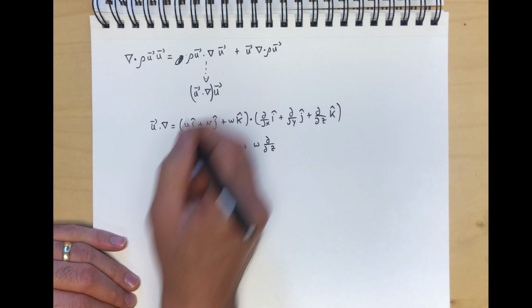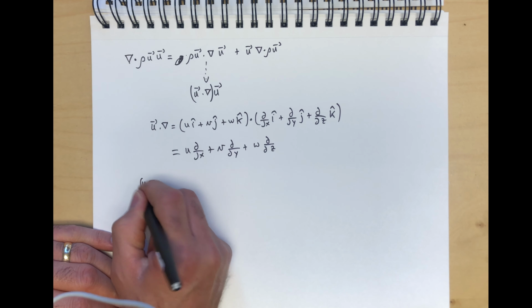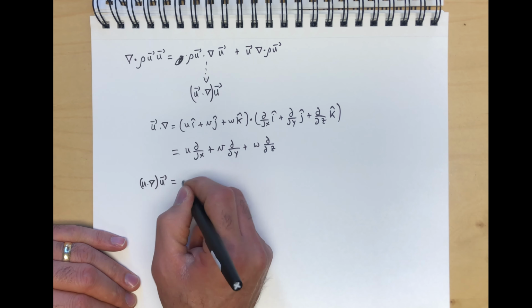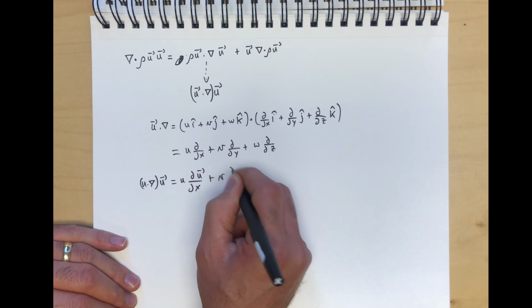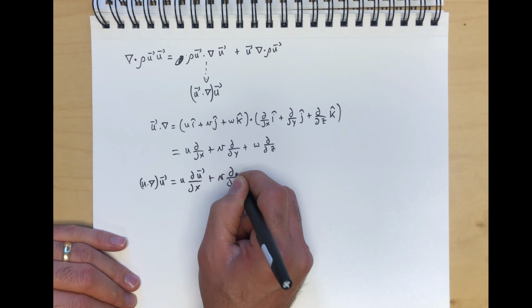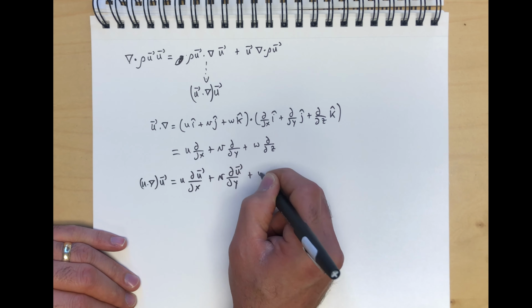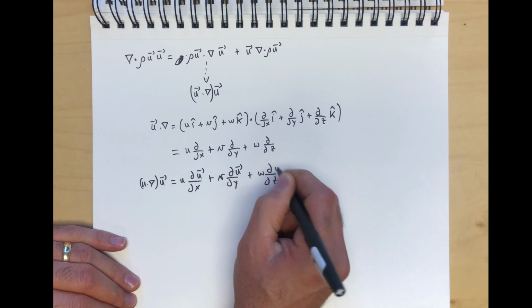Then applied on the velocity vector field, you simply get u d by dx of u plus v d by dy of u plus w d by dz of u.